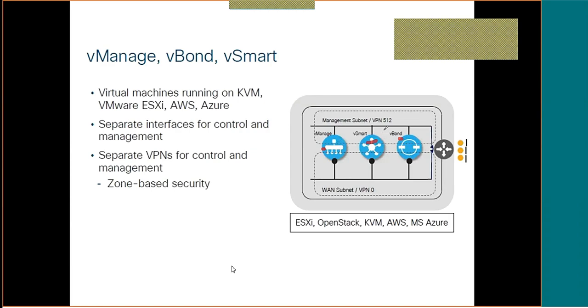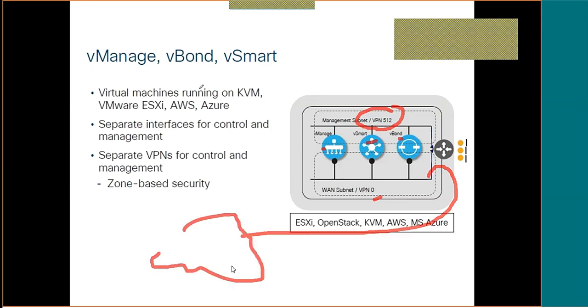The first interfaces are on VPN 512 for management access. The second interface is on the VPN 0 WAN subnet, and this VPN 0 will be connected to talk to the external network through the provider path. So virtual machines running on KVM, VMware ESXi, AWS, Azure, a separate interface for control management, separate VPNs for control, and then zone-based security is introduced.